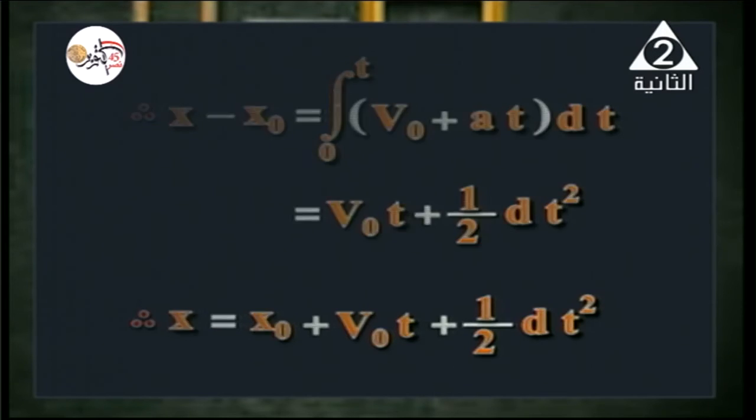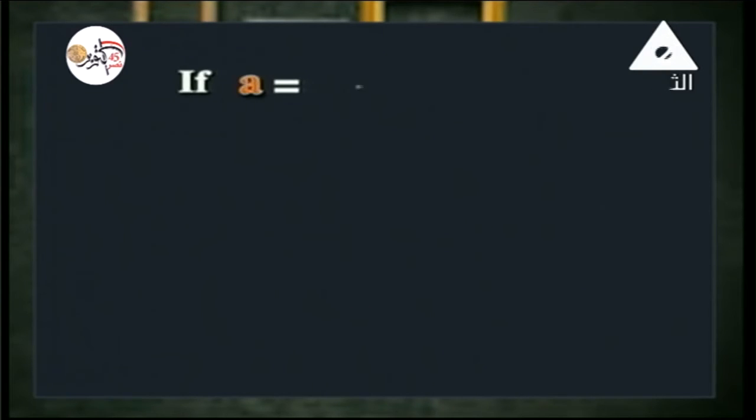If acceleration equals v dv over dx. Remember, my dear student, we have acceleration as dv over dt or v dv over dx. Why? Because v equals dx over dt.